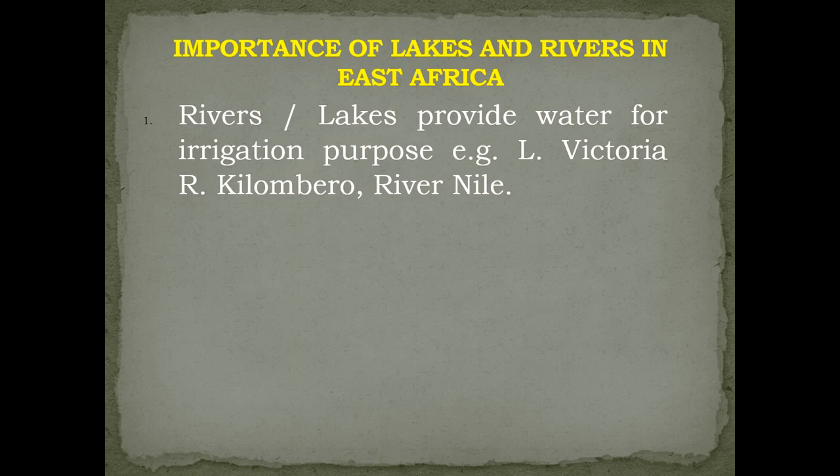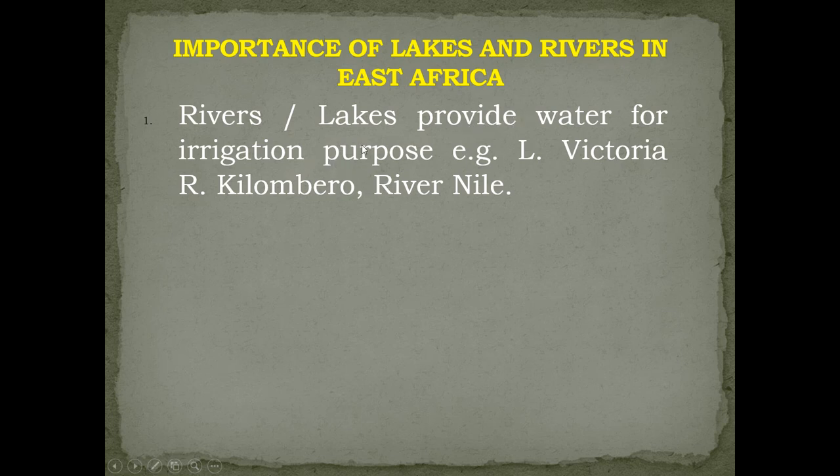Please always avoid using the word "they" when you are looking at the importance of a physical feature or an economic activity. We advise you to always write, if you're looking at the importance of rivers, write "the rivers." So you say rivers provide water, not they provide water. Lakes provide water, not they provide water.